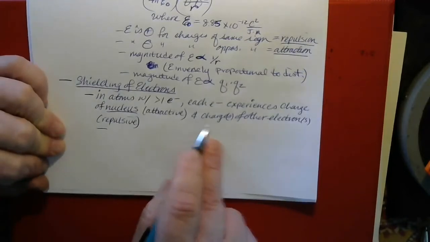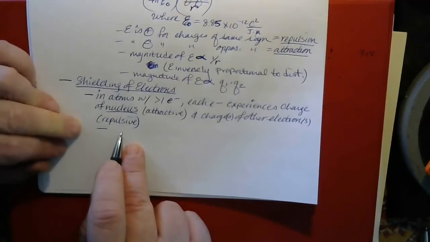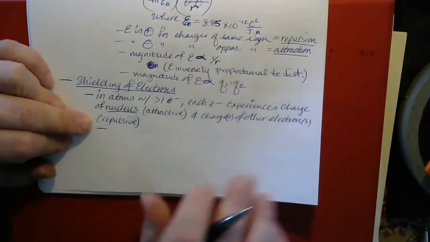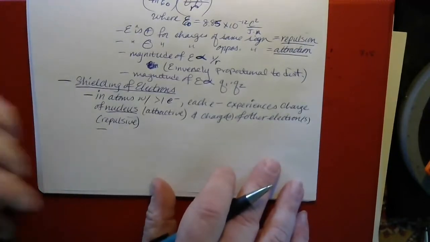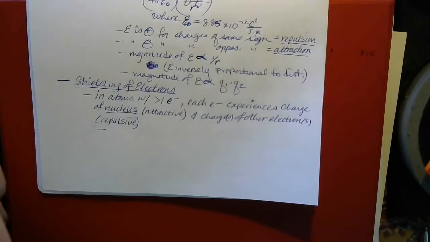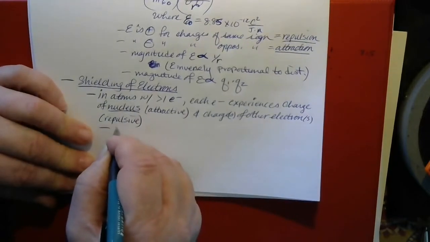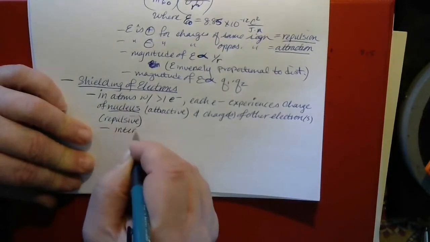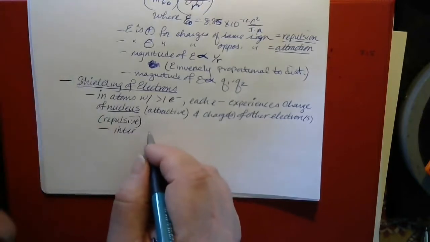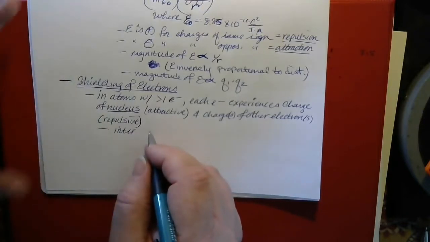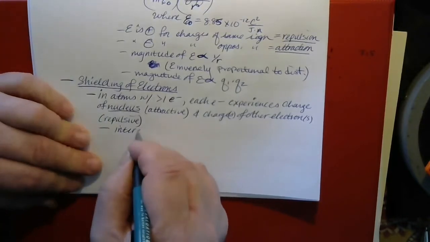But it also experiences charges of other electrons, which are repulsive because the other electrons are negative, like the electron you're interested in. So the interactions with the other electrons effectively shield the electron you're interested in from the attractive charge of the nucleus.